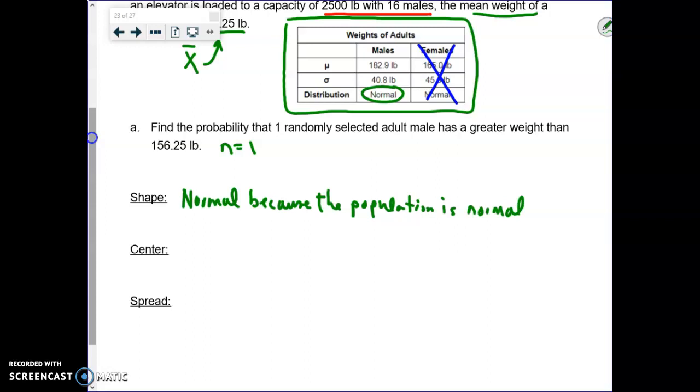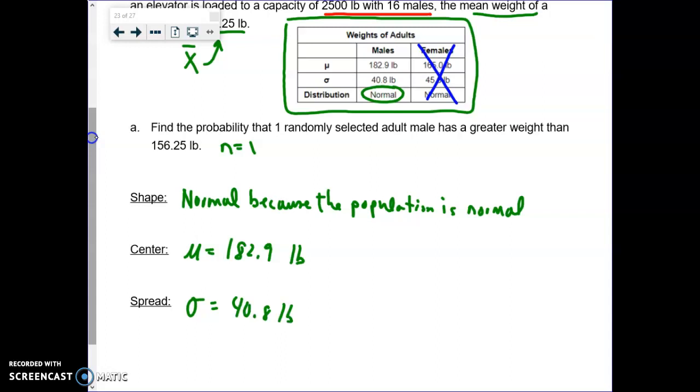Our center would be the same as the population mean for male weights, which would be 182.9 pounds. And since again, this is not a sampling distribution, we're looking at a single individual from the population of males, so we'll also use the population standard deviation of 40.8 pounds.